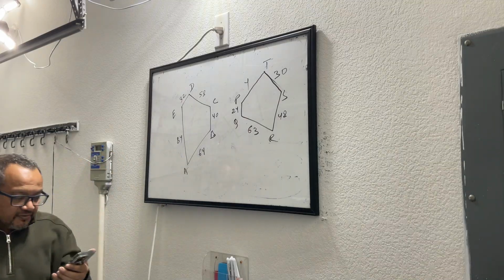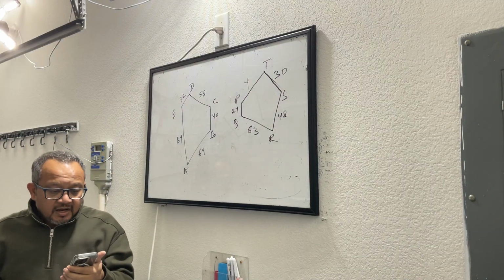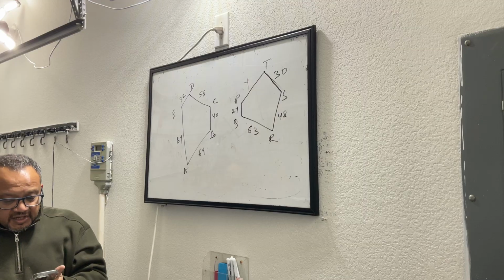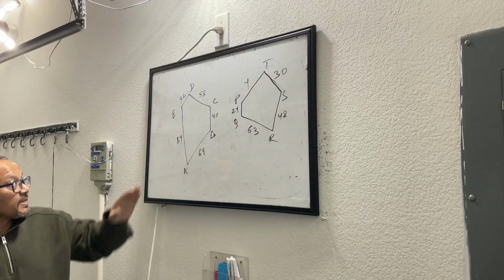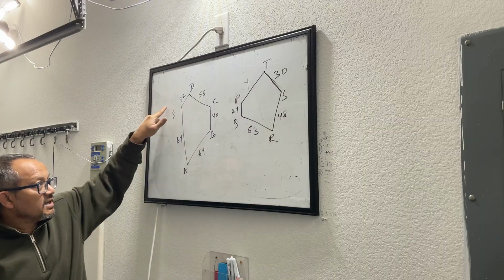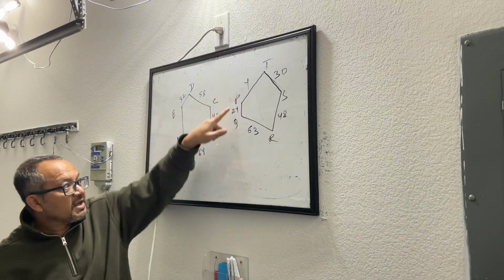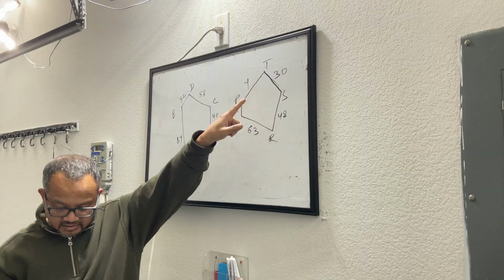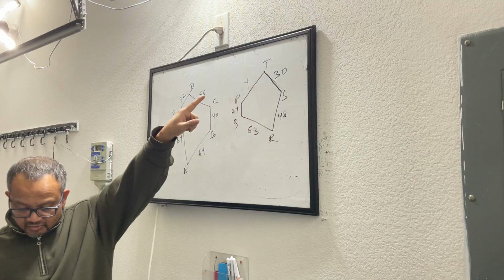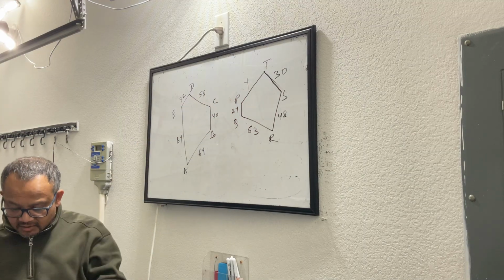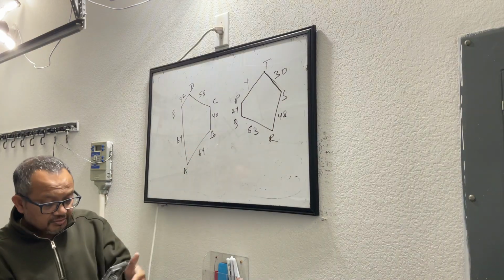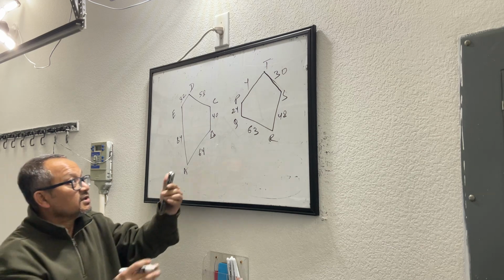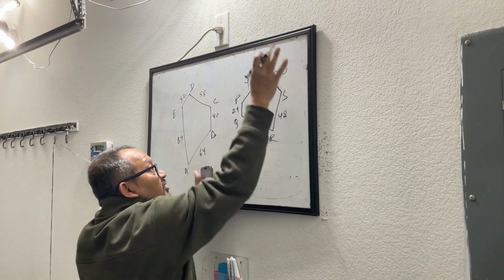Now I'm reading the question for you guys. Pentagon ABCDE is similar to the pentagon PQRST. Sorry, what did I do? Okay, yeah. It was starting from somewhere else. That's why I was reading it wrong.